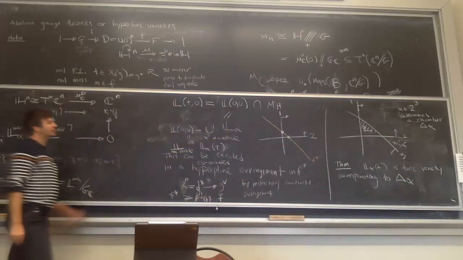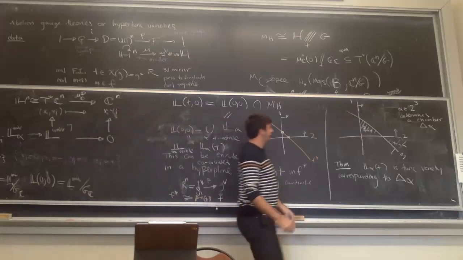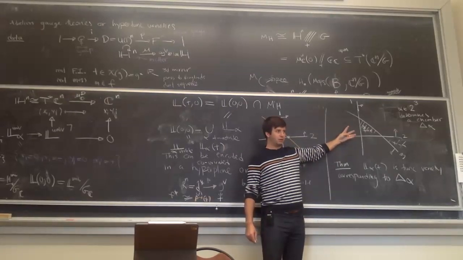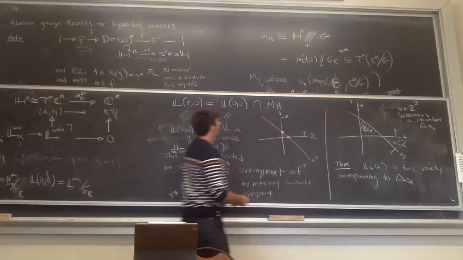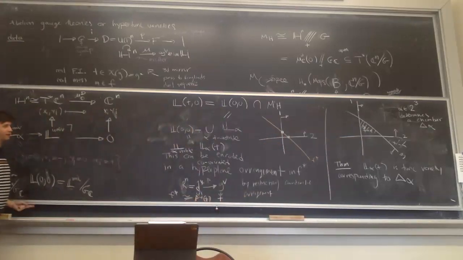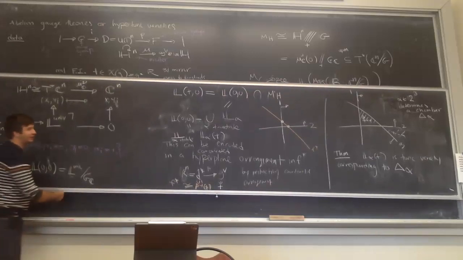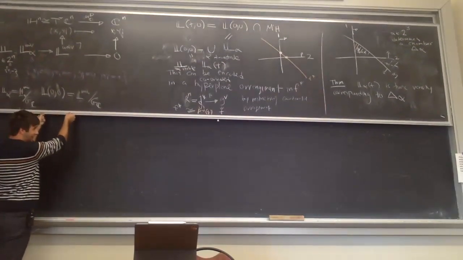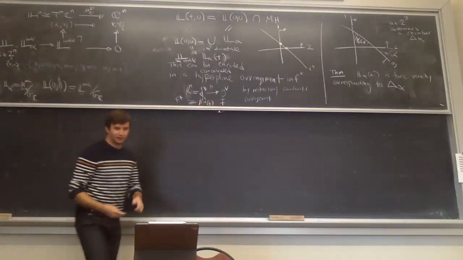In particular, something is unstable if and only if it just doesn't appear in this picture. And it's stable if it does appear in the picture. Does that make sense? All right, so this is everything that you'll need to know about hypertoric varieties. And now we're actually ready to get started, or really get started.